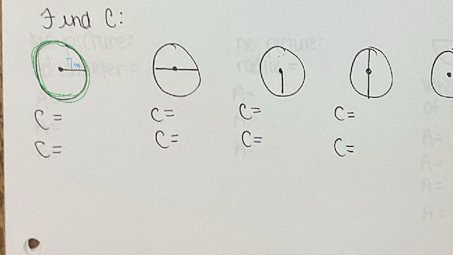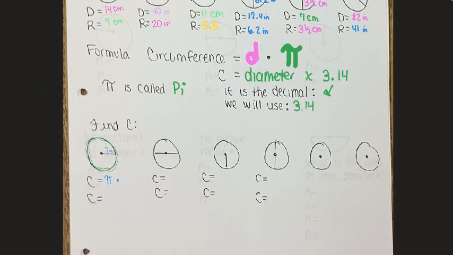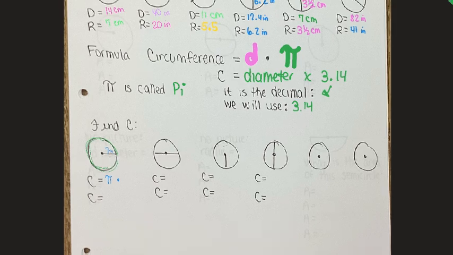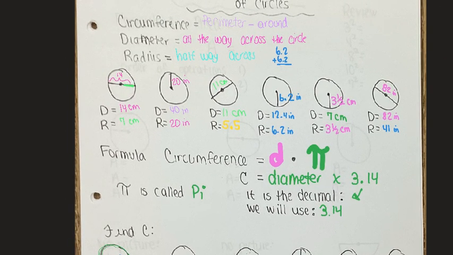Okay, so there's 2 lines of work. C equals, C equals. The first C equals is going to say pi times, now this is not diameter. Remember our recipe called for a diameter, but they didn't give me a diameter, but that's not a problem because we just spent all this time practicing how to go back and forth.